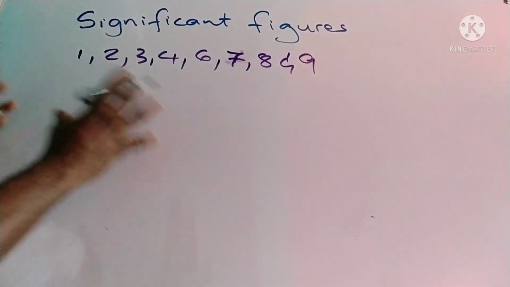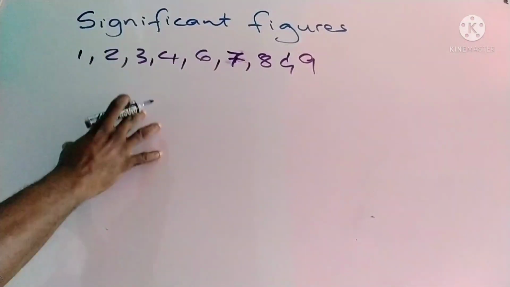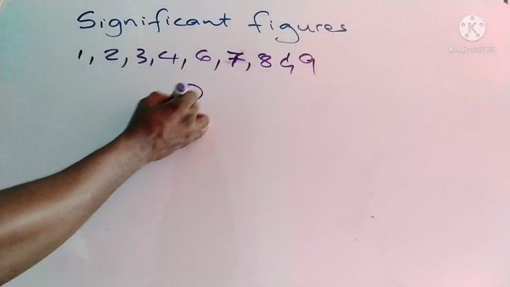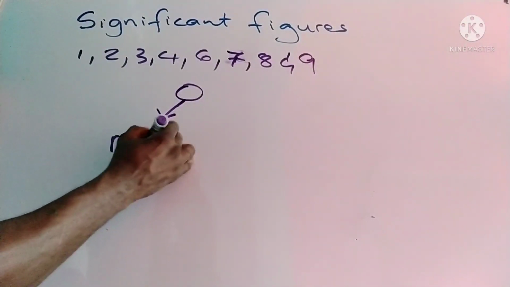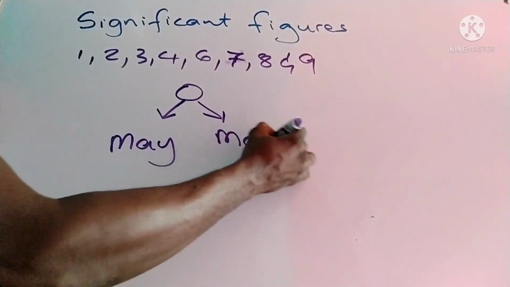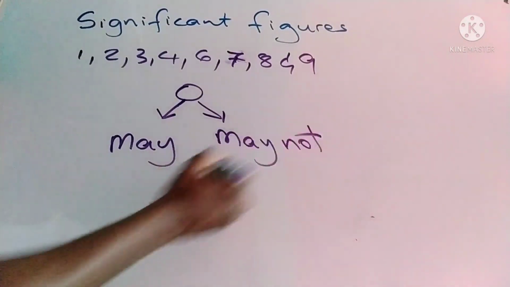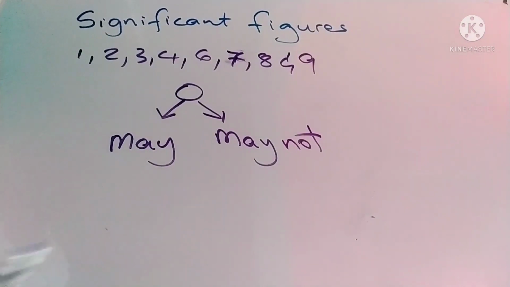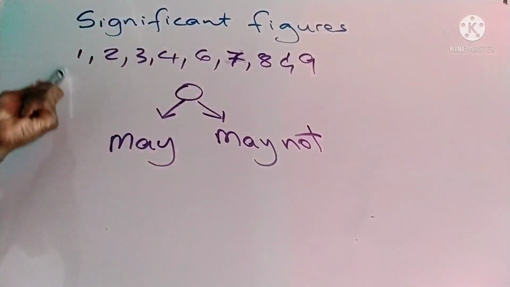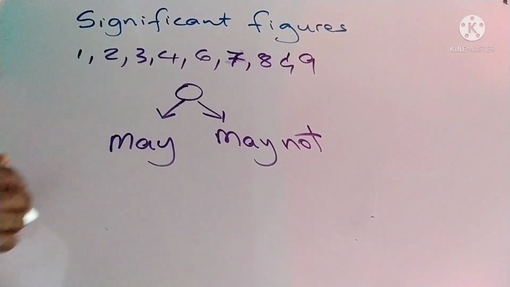The only digit that we wonder about, it may not be significant, is a 0. So a 0 may be significant, and there are times when it may not be significant. So outside of 0, all other digits are significant. All right, so we want to make sure of that.